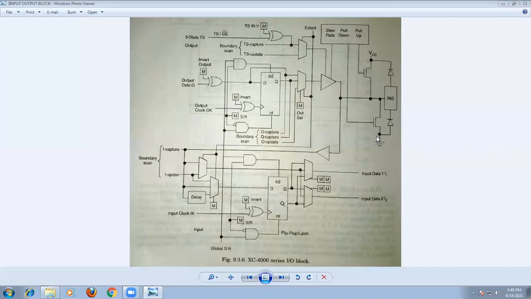It also contains some extra logic that is not available in the 3000 series FPGA but is available in the 4000 series. This block basically contains the logic for boundary scan testing, and it can be used for boundary scan testing.